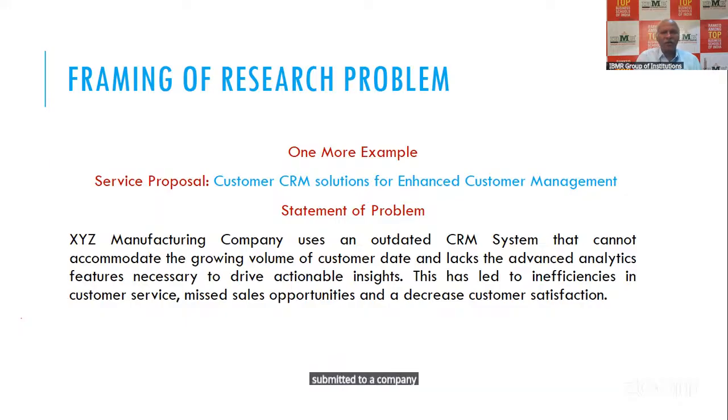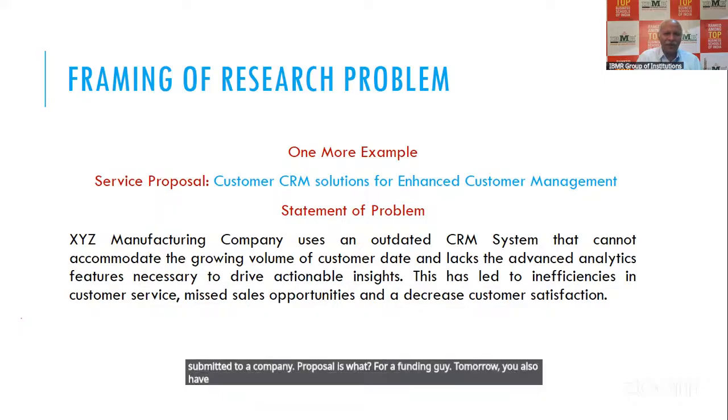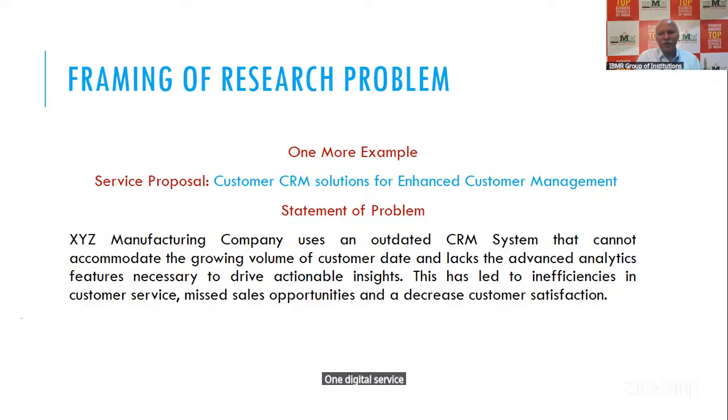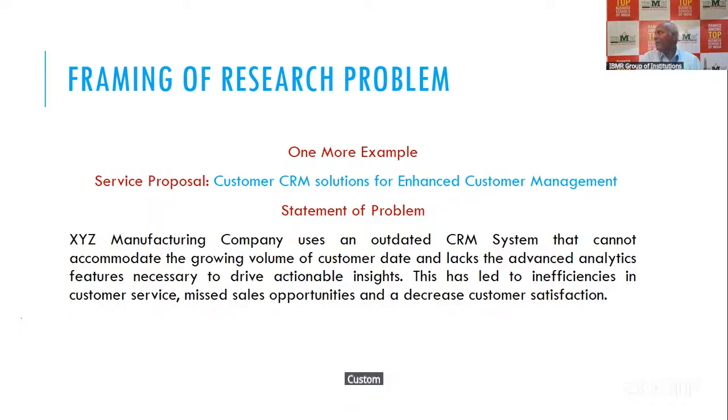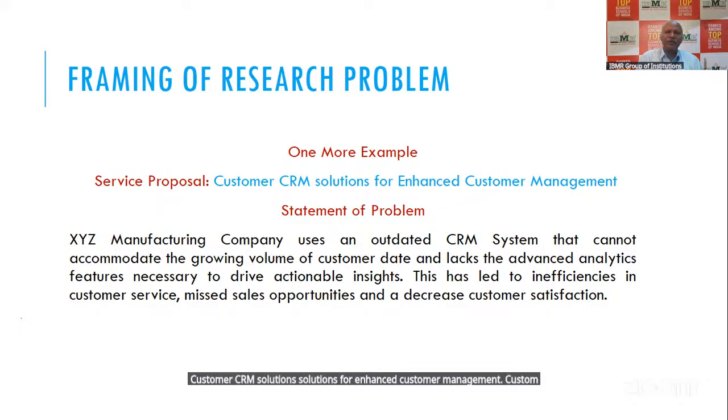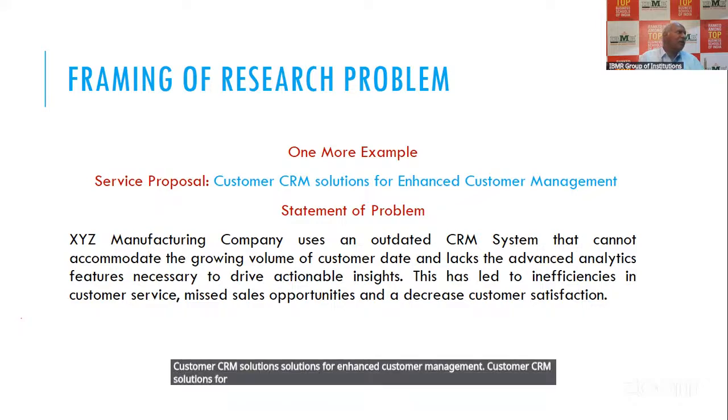The proposal is for funding. Tomorrow you also have to do like this. For funding, one digital service provider prepared a proposal and submitted. That proposal is like this: customer CRM solutions for enhanced customer management.